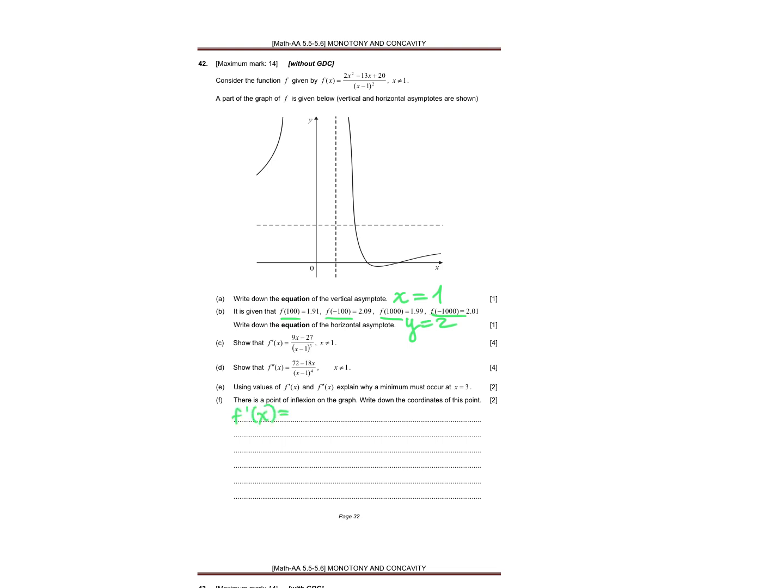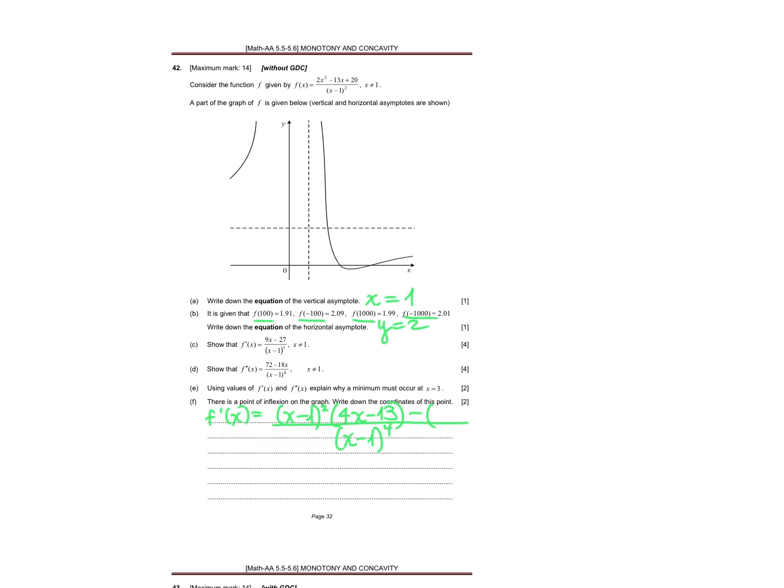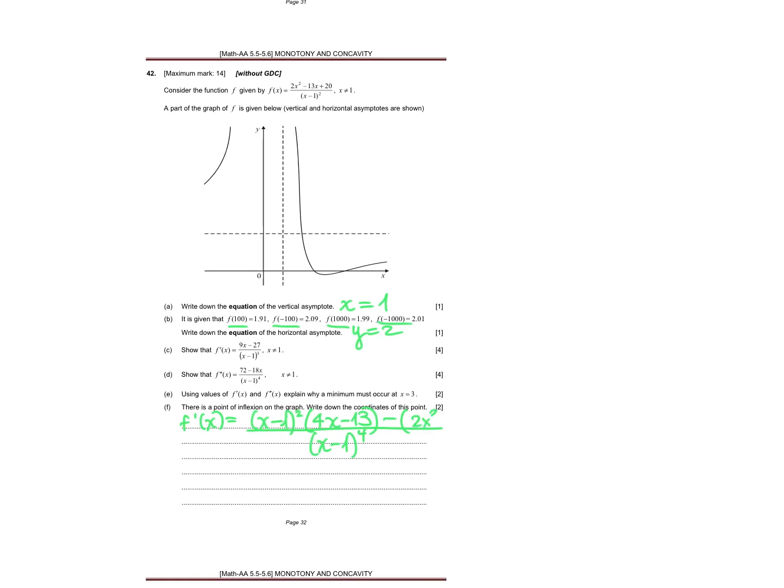C, show that the first derivative is that. All right, so we're going to have v squared on the bottom. And then we're going to start with v times the derivative of u, which is 4x minus 13, and then minus 2x squared minus 13x plus 20 times the derivative of v, which is 2x minus 1.